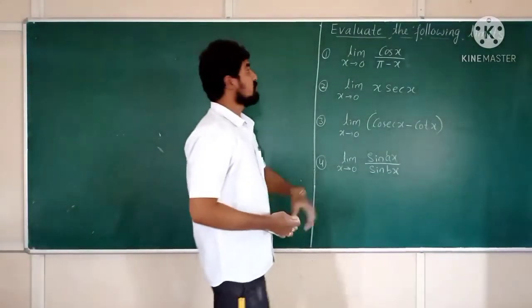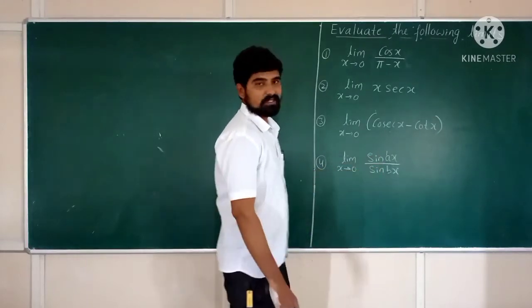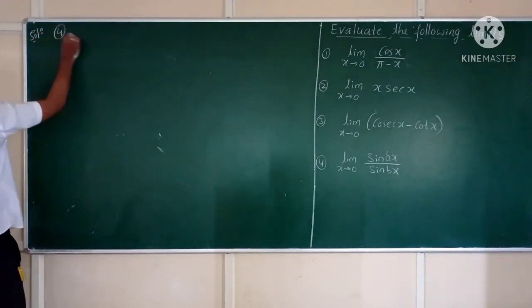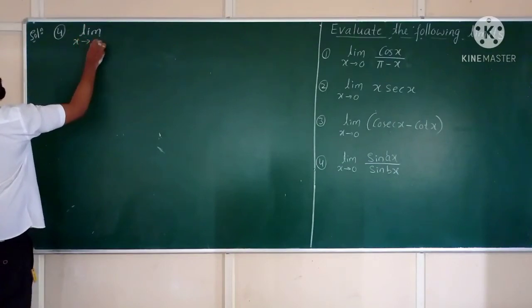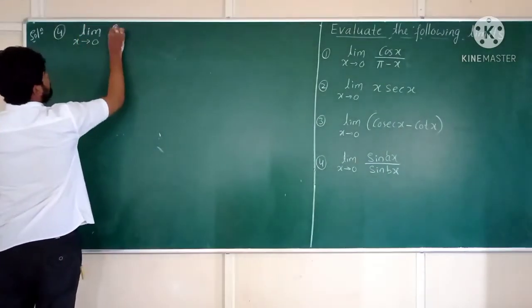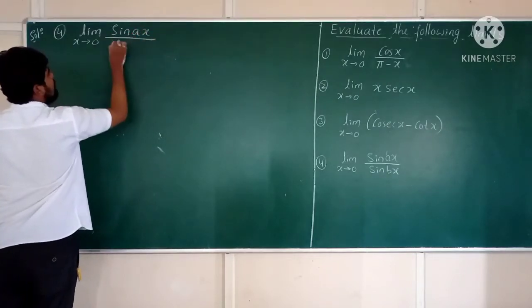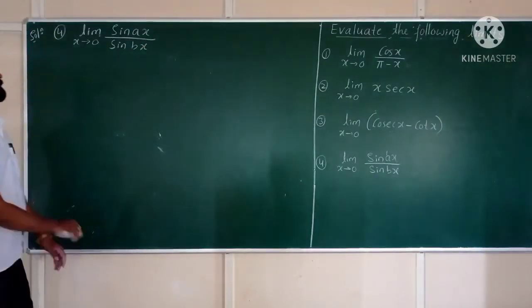Now the fourth question, evaluate limit x tends to 0 sin ax divided by sin bx. Let's start the solution. He has given that limit x tends to 0 sin ax divided by sin bx.